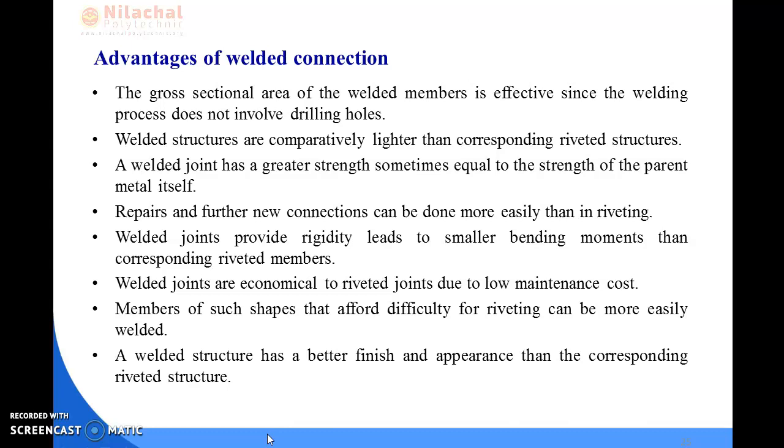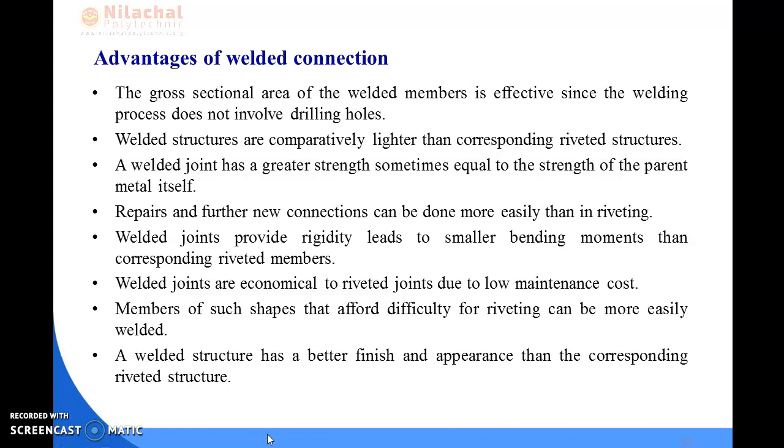Then the next one is that a welded joint has a greater strength, sometimes equal to the strength of the parent metal itself. Then repairs and further new connections can be done more easily than with riveting. That means whenever there is a problem in a welded connection, it is reflected as a crack or detachment in the welded connection.